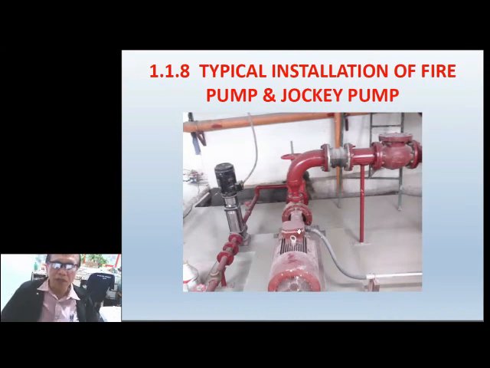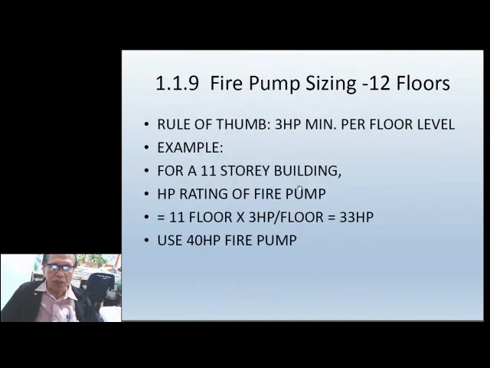The moment there is a fire and there is a drop in pressure in the sprinkler system, in the header, this will automatically be sensed by the pressure controller or sensor, and it will automatically run the fire pump. So what runs the fire pump is the drop in pressure in the main header. Okay, so that's our fire pump and the jockey pump.